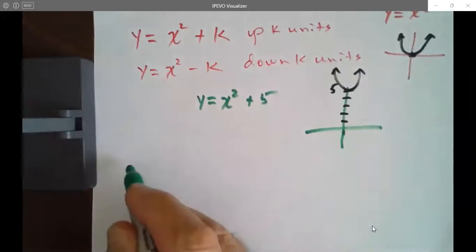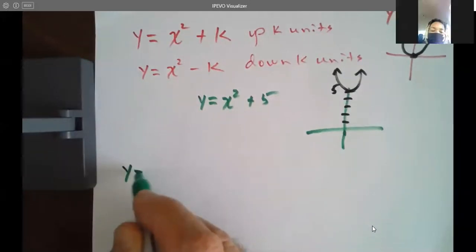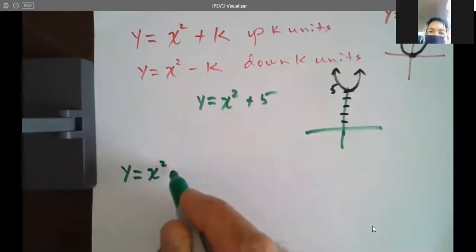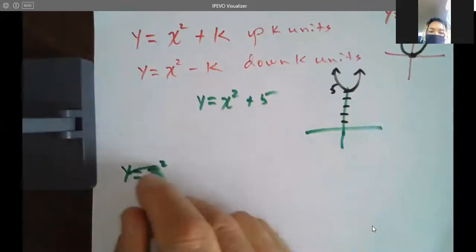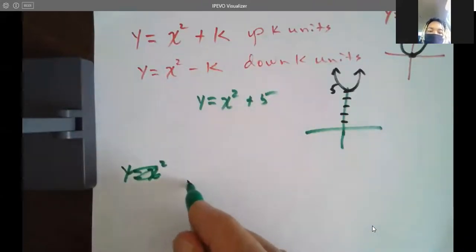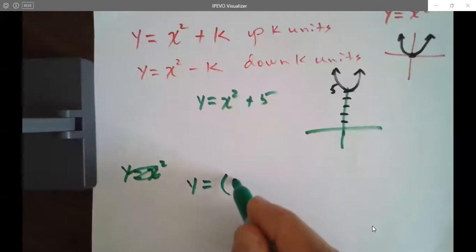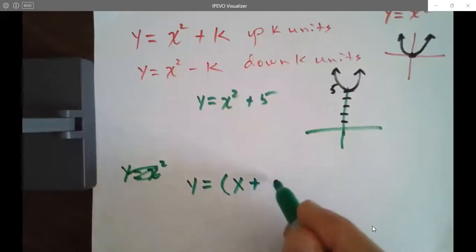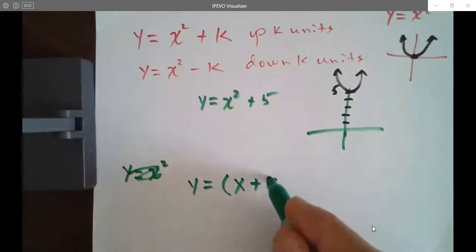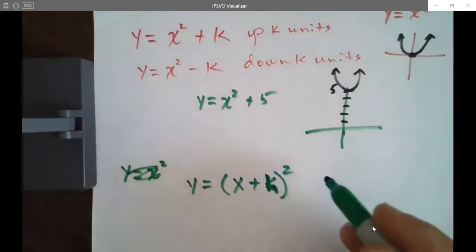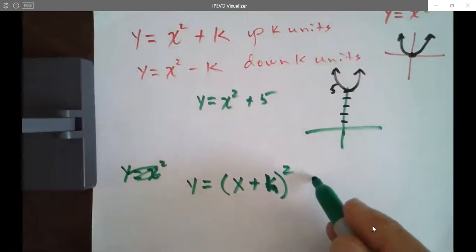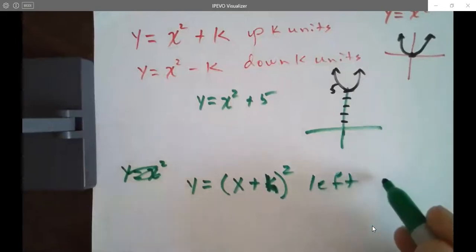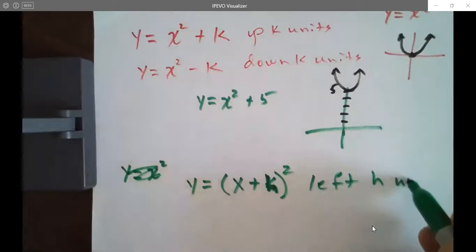If you have y equals x plus h, parentheses squared, we'll call this h, then it's going to shift left h units.